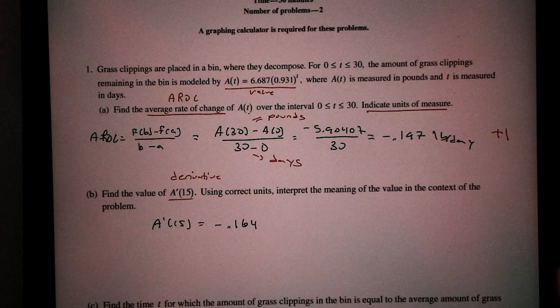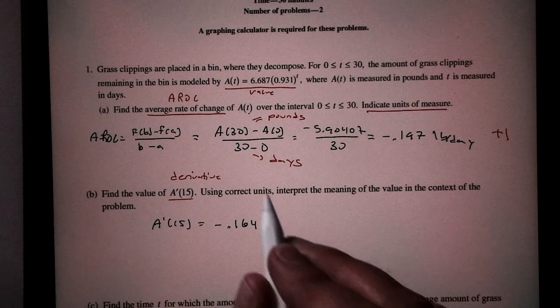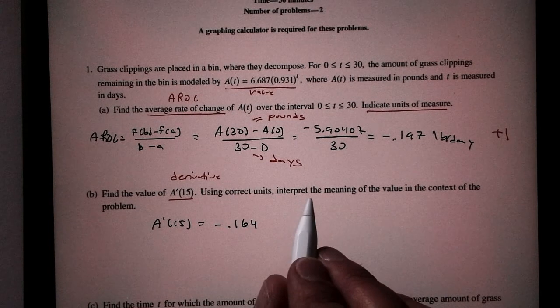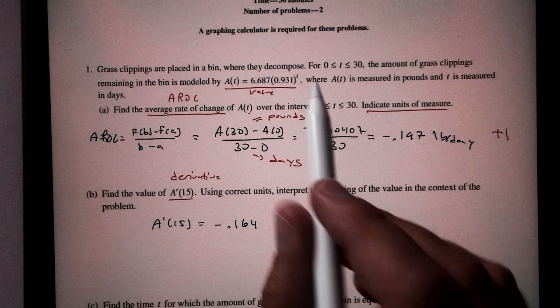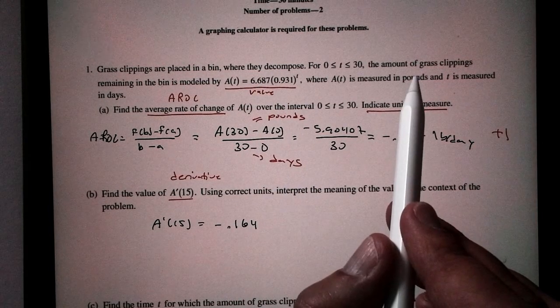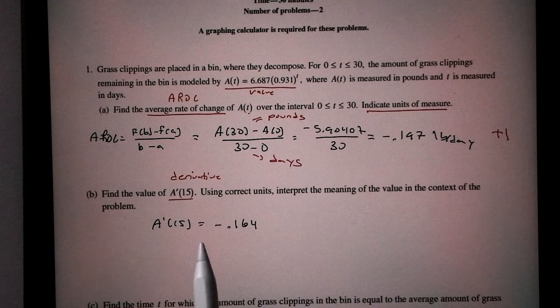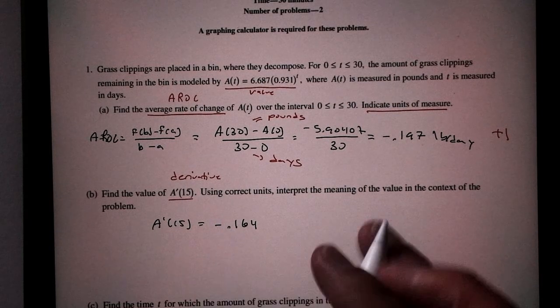0.164. Now again, we're not done yet, because then they say using the correct units, interpret the meaning in the context of the problem. Well, if A of t is pounds, then the derivative would be pounds per day, and because it's negative, we are losing.